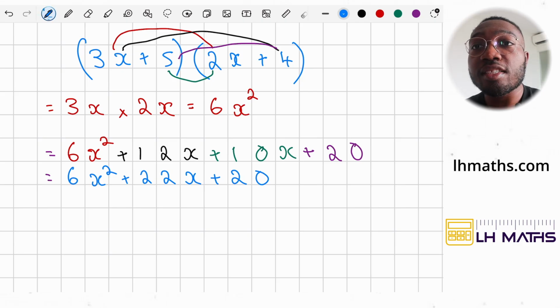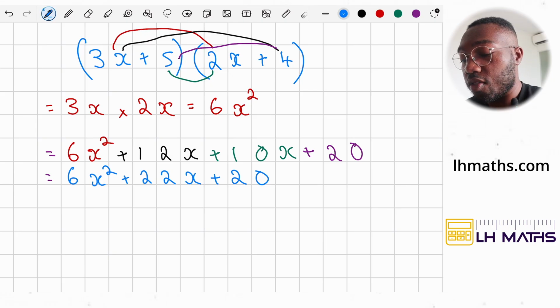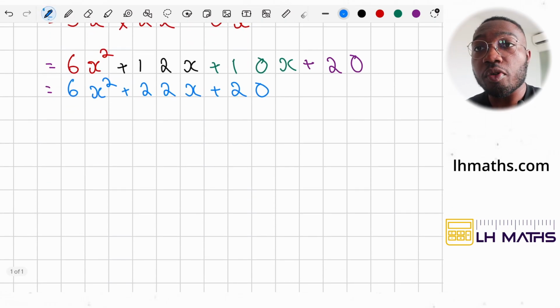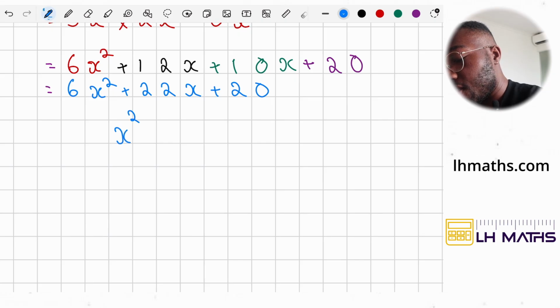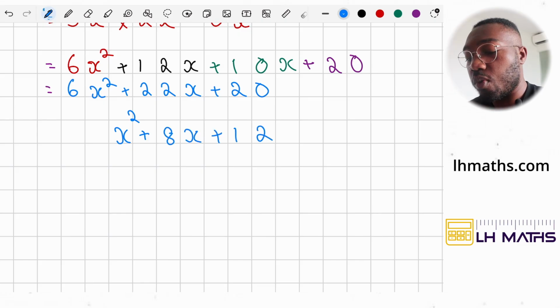Now in our next lesson, I will go over factorizing. If I give you an expression to end with, let's say we have something like x squared plus 8x plus 12.